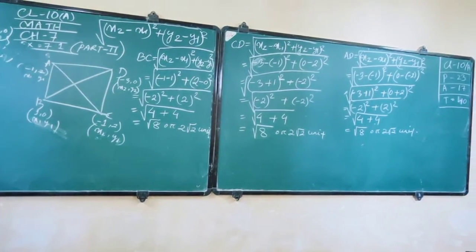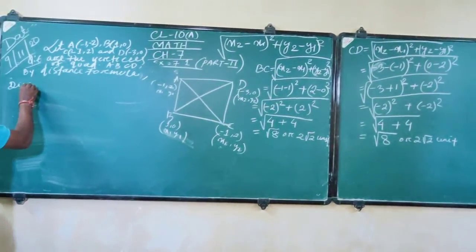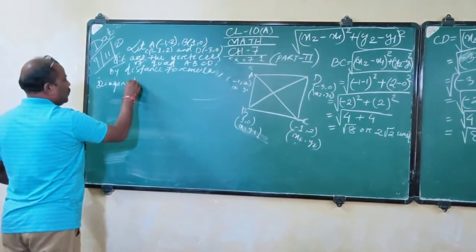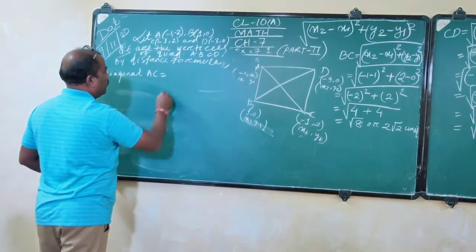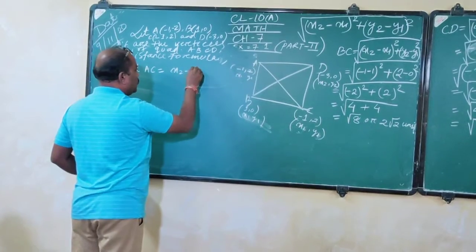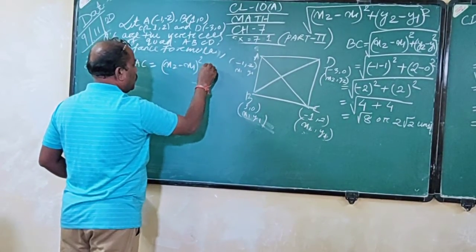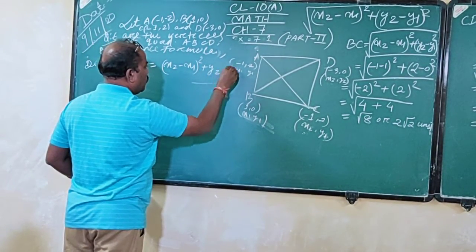Now the diagonal. What is AC equal to? Same formula: the square root of (x2 minus x1) whole square plus (y2 minus y1) whole square.